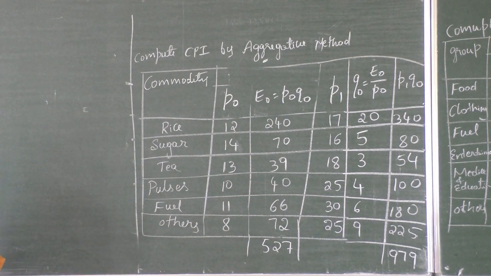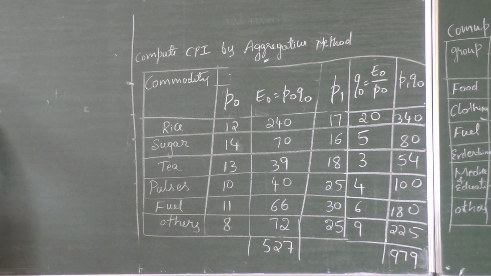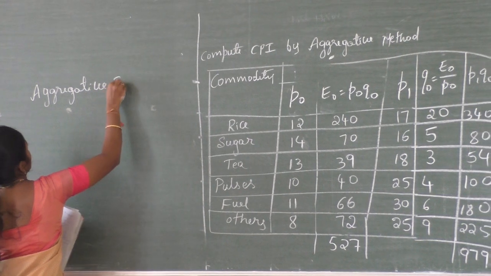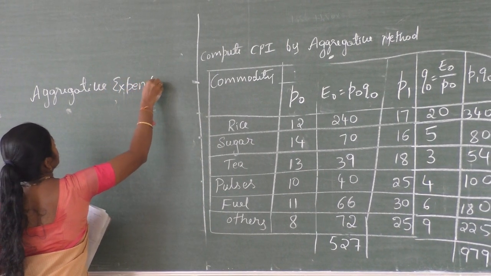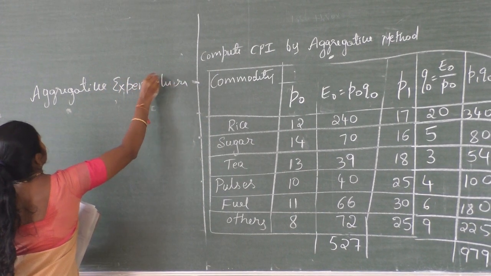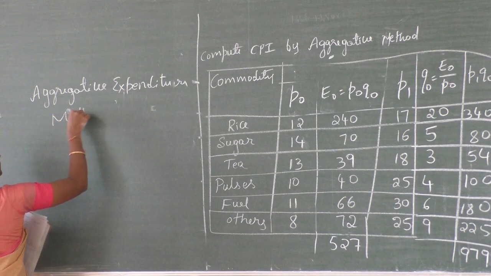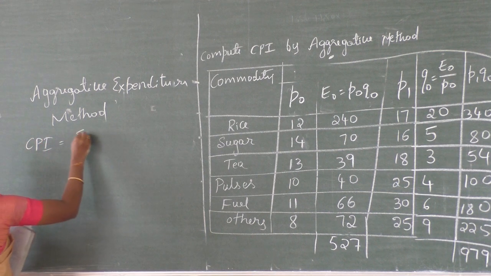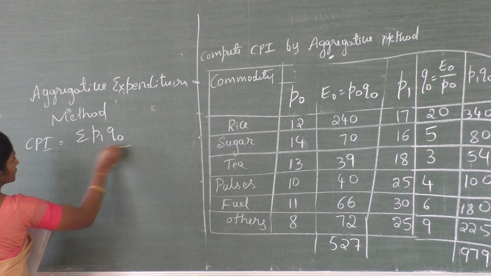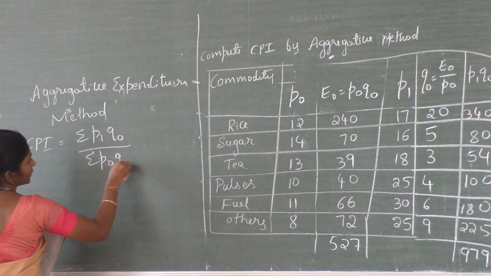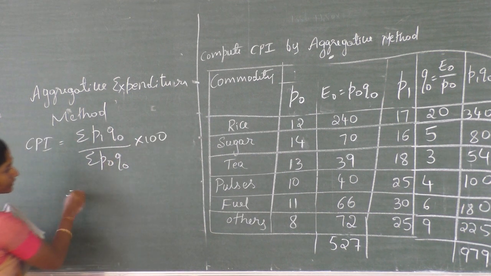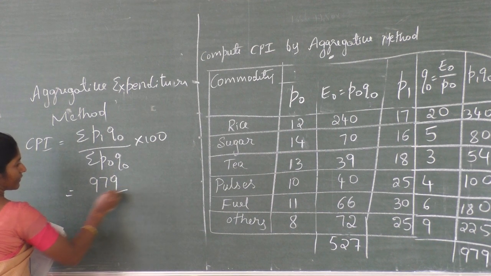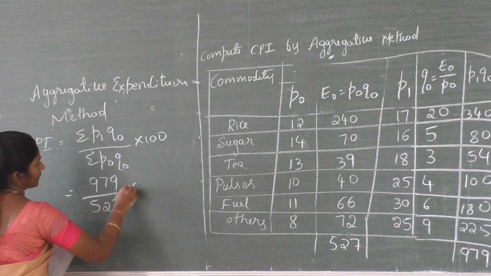Next, aggregative expenditure method. Write down the formula. Aggregative expenditure method: CPI equals the sum of P1 Q naught divided by the sum of P naught Q naught, into 100. 979 divided by 527.